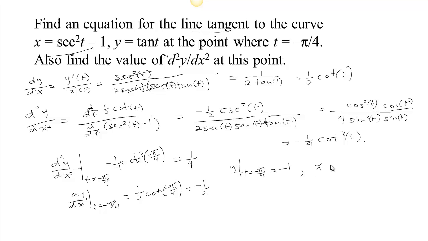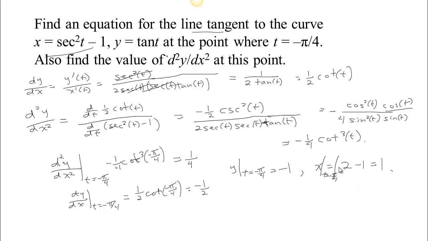And x is the secant, right? So secant squared minus 1 would be, when t is equal to minus pi fourths. Let's see, the secant is 1 over the cosine. The cosine of pi fourths is root 2 over 2. So the cosine squared would be 2 over 4, that's 1/2. So the secant squared would be 2. 2 minus 1 is 1.